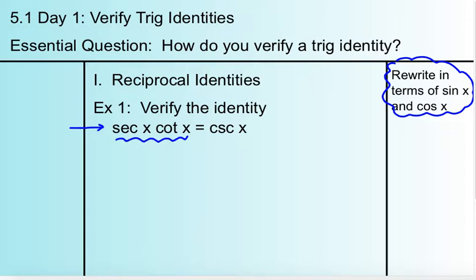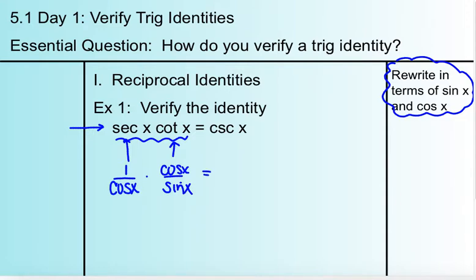If you remember, secant of x can be written with the reciprocal identity as 1 over the cosine of x. Then cotangent of x can be rewritten with a quotient identity as the cosine of x over the sine of x.